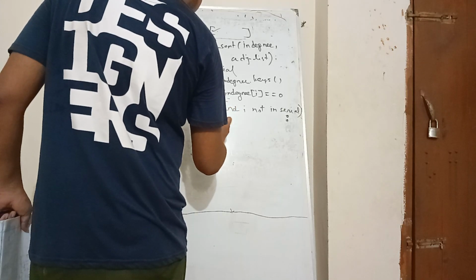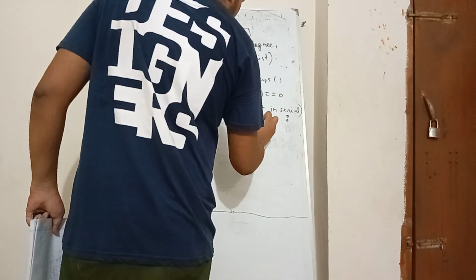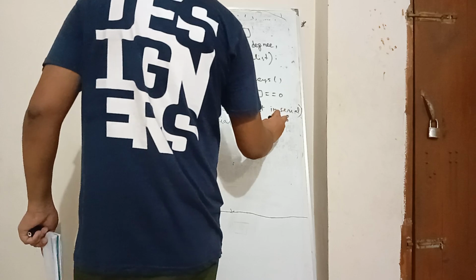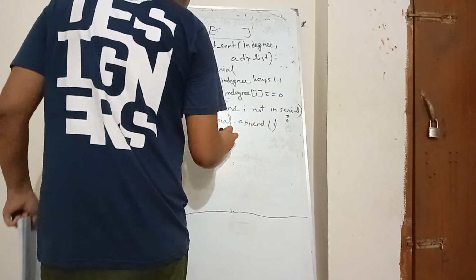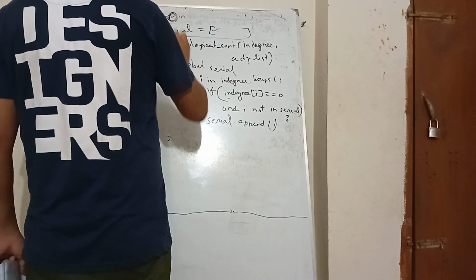Serial dot append i, if it is not already in serial, and we decrease the in degree count of its neighbors.